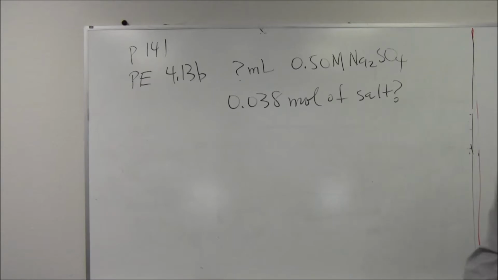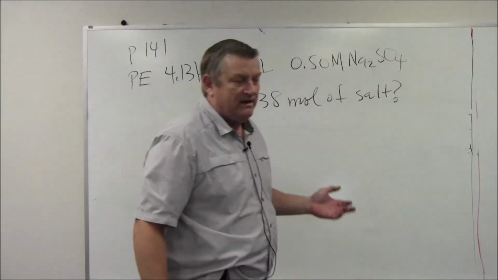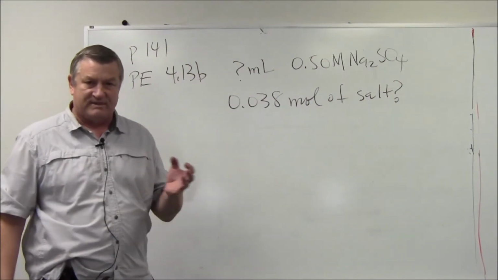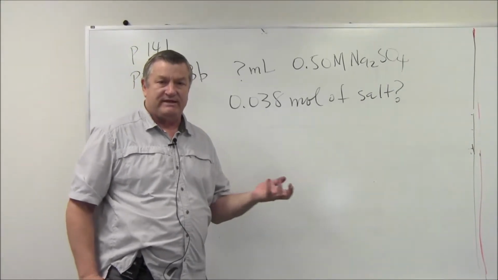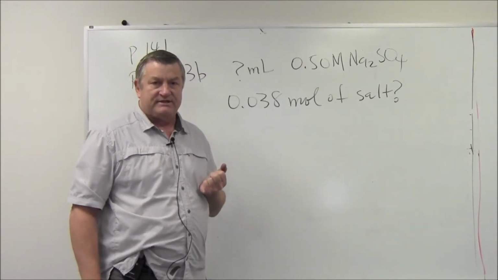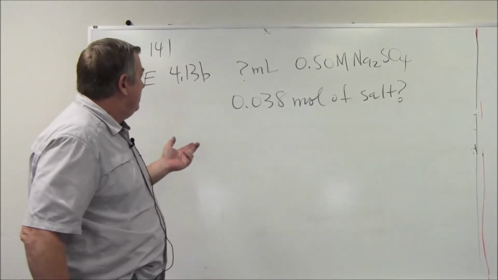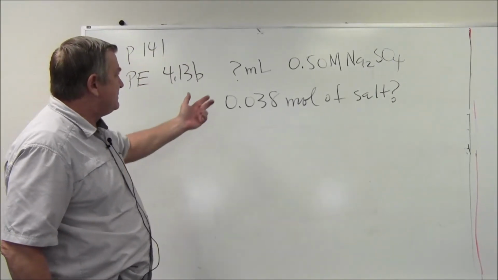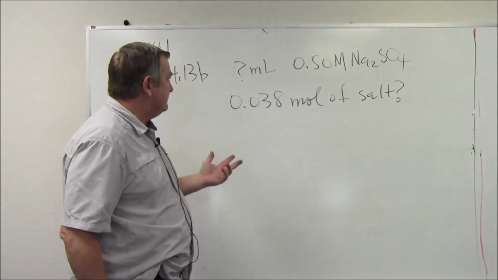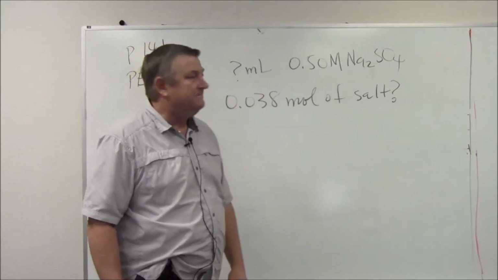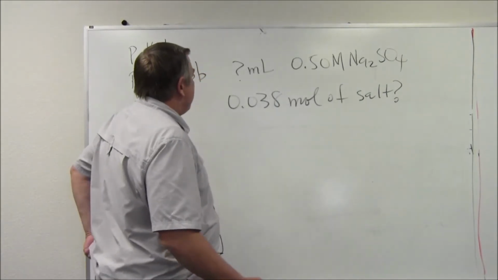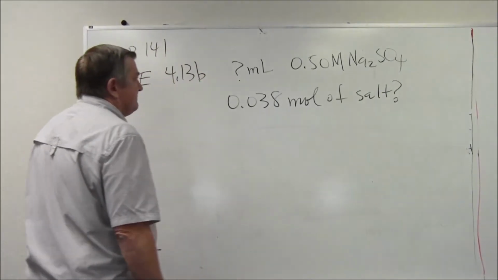So this is kind of the opposite problem we did before. Before I took a certain volume, I took those microliters out of a stock solution, and I asked you how many moles and how many grams are in that volume we took out. So this is the reverse. How much do I have to take out of some stock solution to get 0.038 moles of that salt? So you go, what's my given?